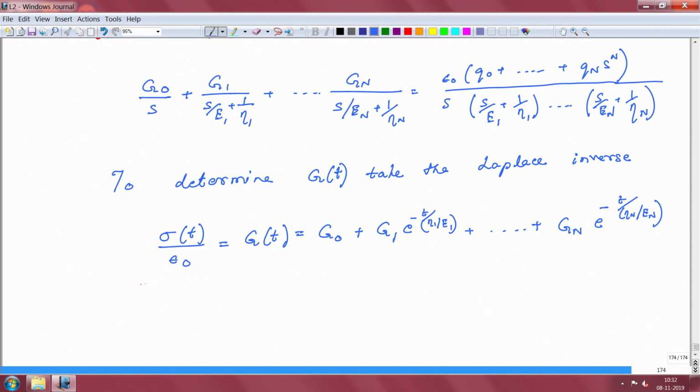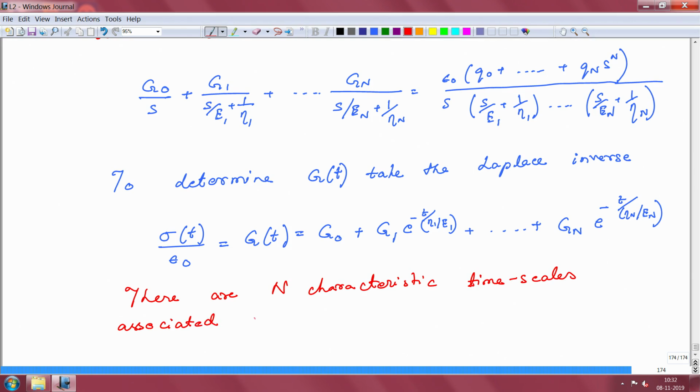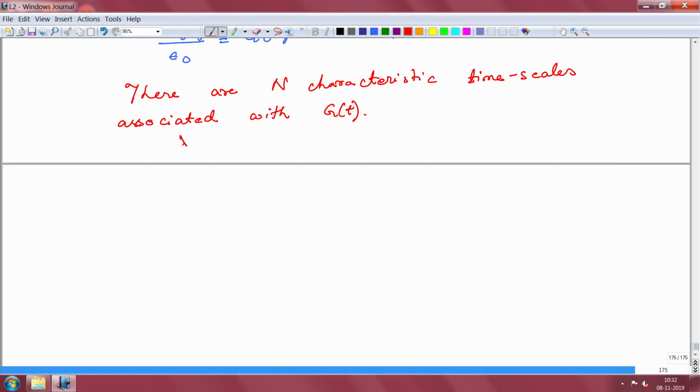So, now here there are n characteristic time scales associated with g of t, and the time scales are such that you have lambda 1 equal to eta 1 by E 1, and similarly lambda n equal to eta n by E n.